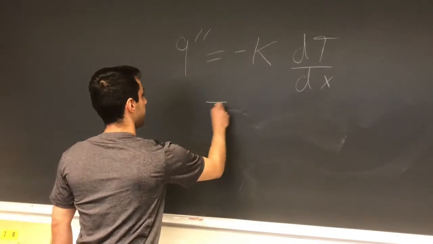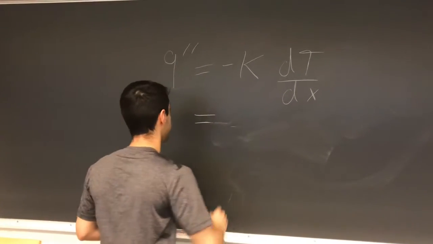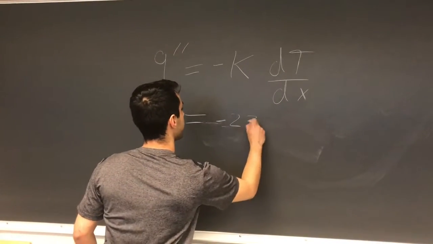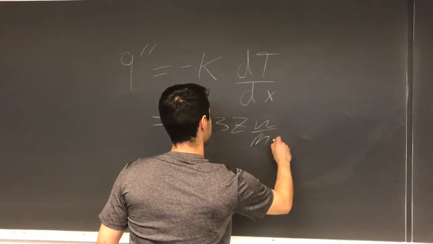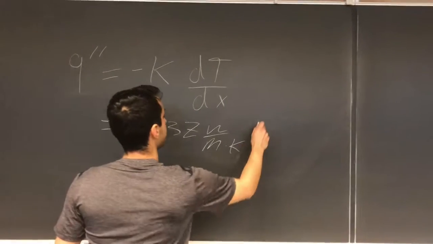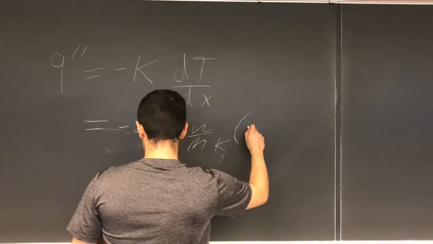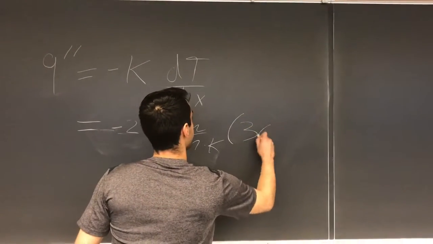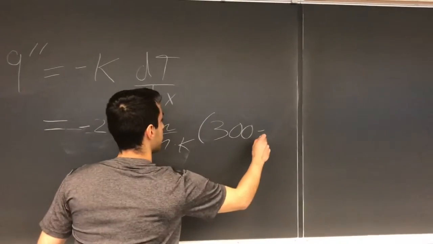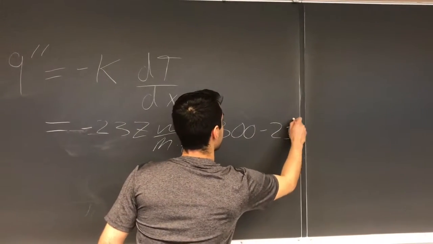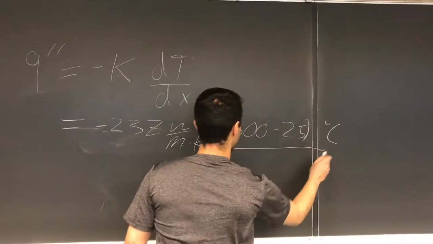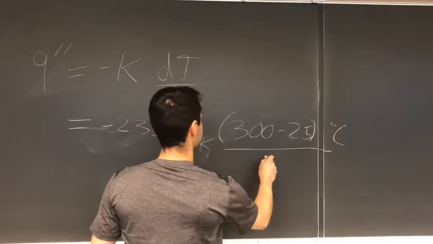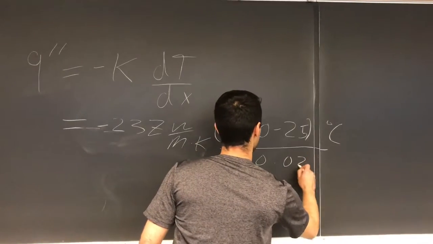For the frying pan, we have the thermal conductivity of 237 watts per meter Kelvin, and the temperature difference is just equal to 300, which is Ts minus 25 degrees Celsius, which is the temperature of the ambient, divided by the thickness, which is equal to 0.02 meters.